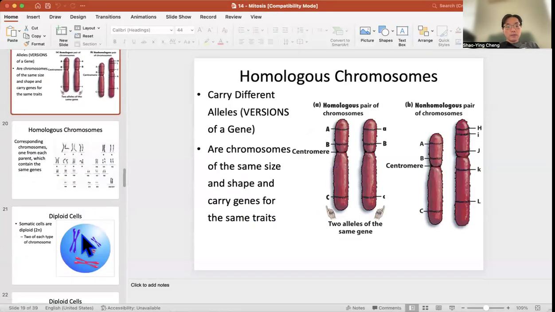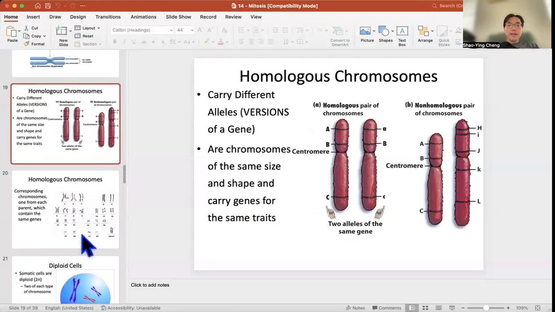In our 23 pairs of chromosomes, humans have 23 pairs. The first 22 are homologous chromosomes. Homologous chromosomes carry the same gene, maybe a different allele. In your high school biology, you may have learned that you have a dominant and a recessive one, or two dominant ones, or two recessive ones.